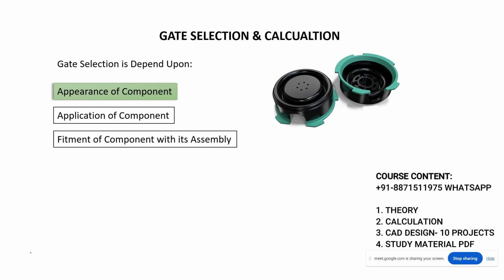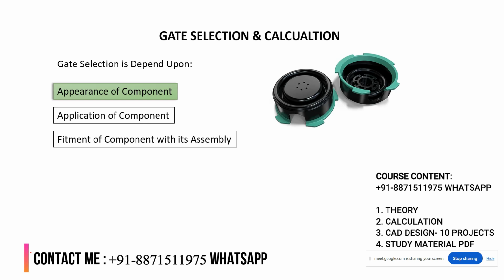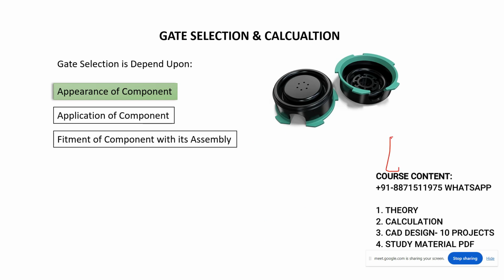For example, if you are purchasing a bottle and there are three bottles in the shop, all the same, but one has a defect, another has a mark, and the fourth bottle, same company, is looking nice, you will select this one, right or wrong? That's why appearance is very important.